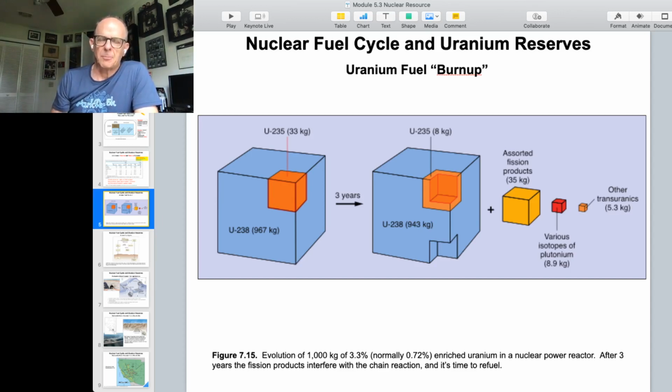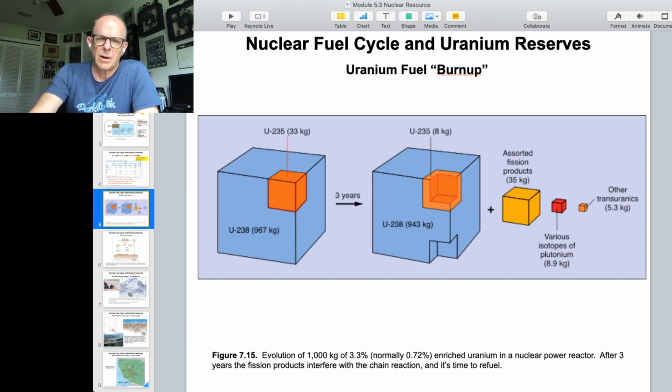Put it in the power plant, and that uranium-235 then decays, and it goes through those nuclear reactions that we talked about. And at a certain point, when about 25 of those 33 kilograms have split into their daughter products to produce energy, there's not enough of it left to be a viable fuel. So that's what's shown in the center of this figure. We're now down from 33 kilograms of uranium-235 initially to about 8 kilograms.